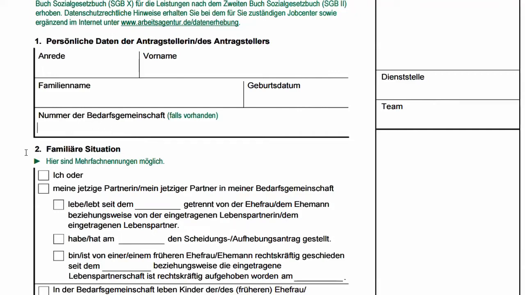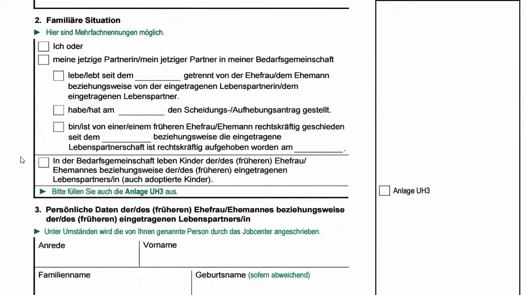The second part is about your family situation. In this part, if more than one of them are true about you, you can choose more than one of them, or you can mark here, or here. More than one of them is also possible.